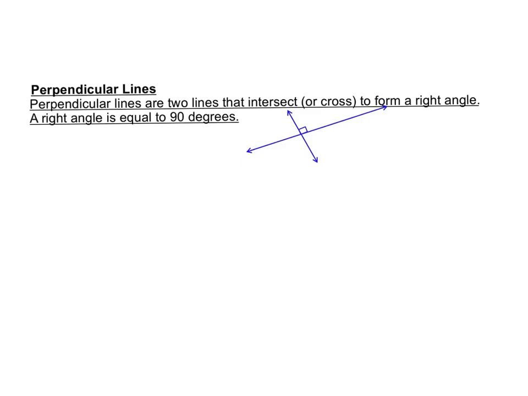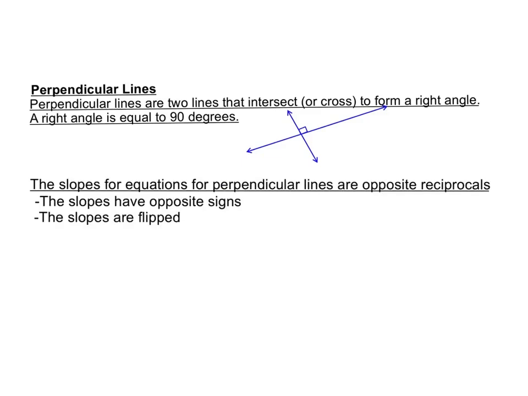Just like for parallel lines, there are certain characteristics that we have to know with respect to the slope. We only need to worry about the slopes. We don't need to worry about the y-intercepts.